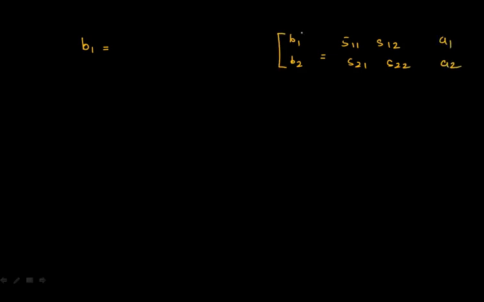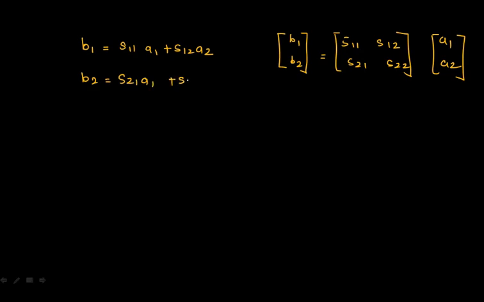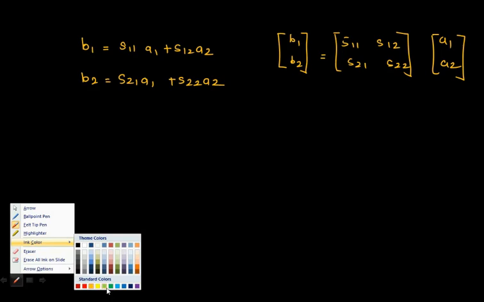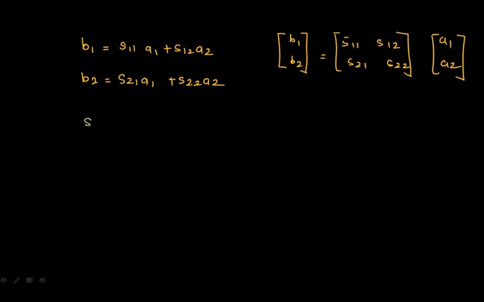So B1 is S11 A1 plus S12 A2. What about B2? S21 A1 plus S22 A2. If I calculate each coefficient separately, S11 is equal to B1 by A1 when A2 is equal to 0.